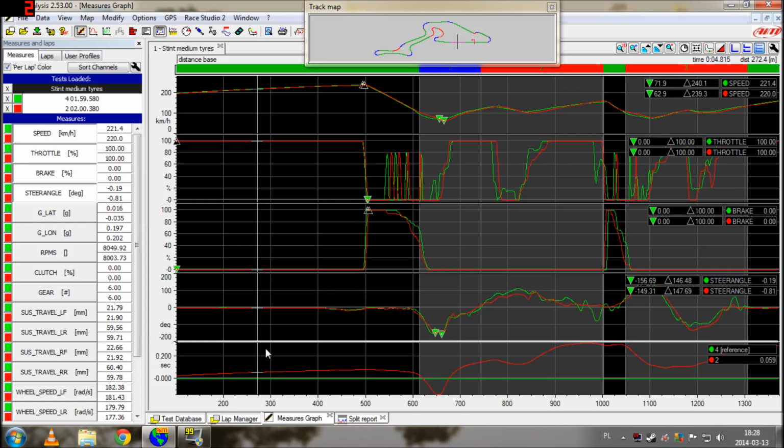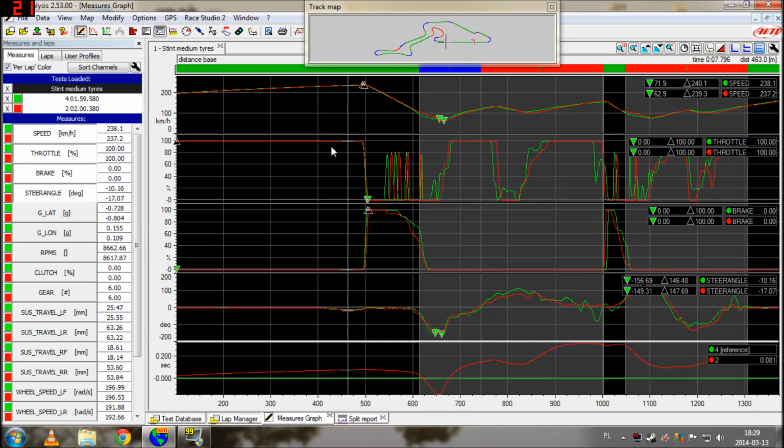What does it mean? It means that I exit the last corner on my red lap slower, thus carrying less speed, and that's what happens. I start losing before the first corner. The gap isn't huge, less than 1/10 of a second, but still, it's a gap.